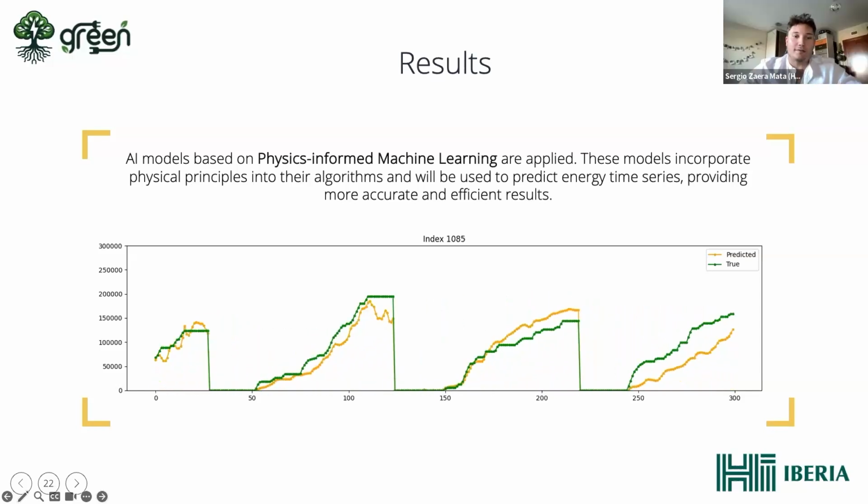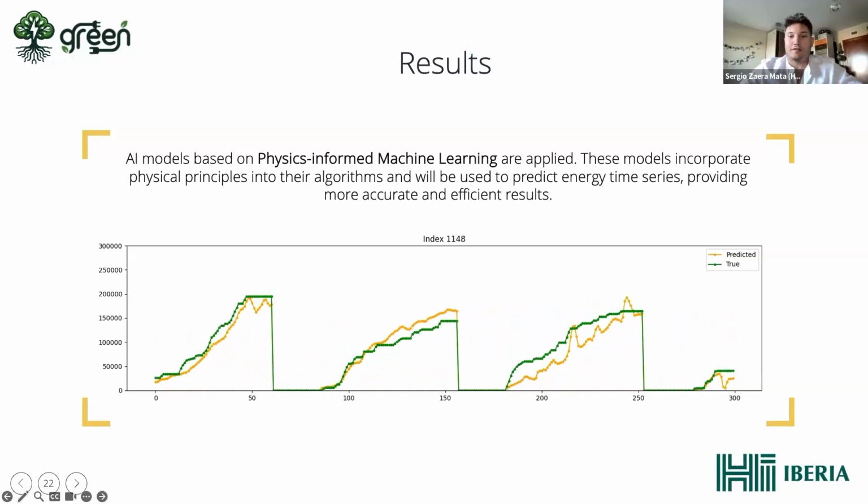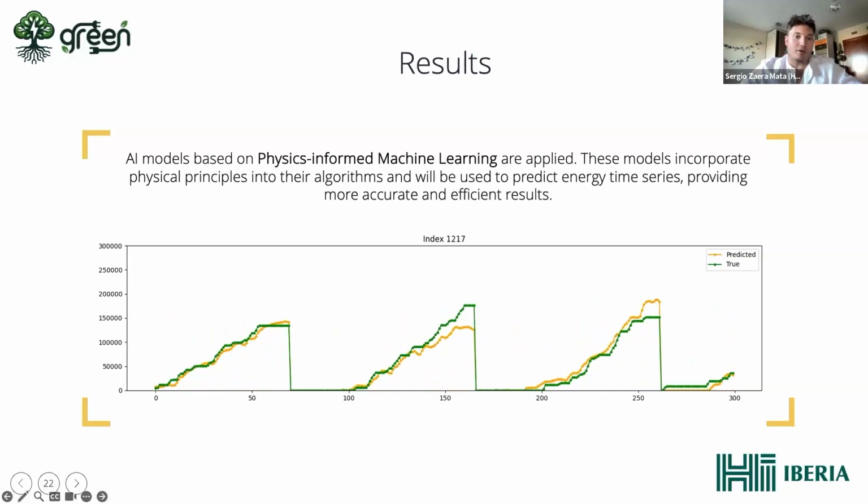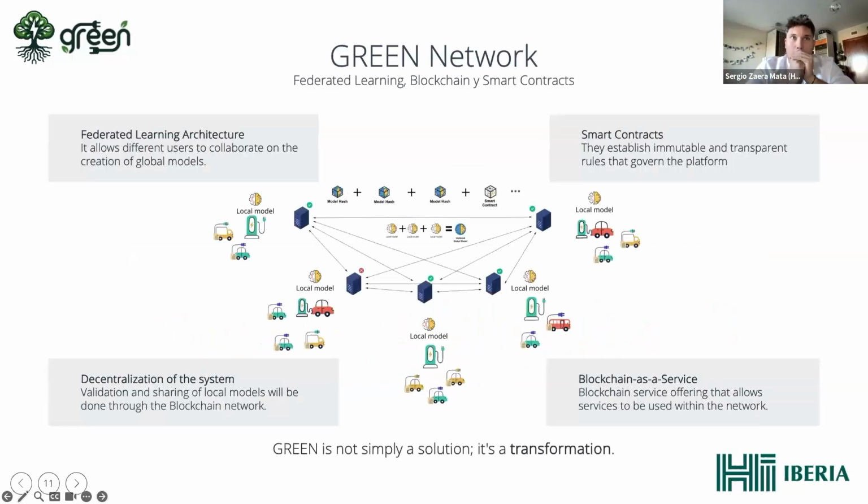Okay, so it's a mix. Maybe in the architecture we are mixing, because you have different levels of mixing federated learning and blockchain. As I told you before, we are finishing the project, so we are doing the last experiments because the model is closed.